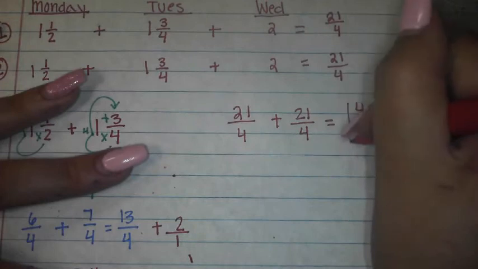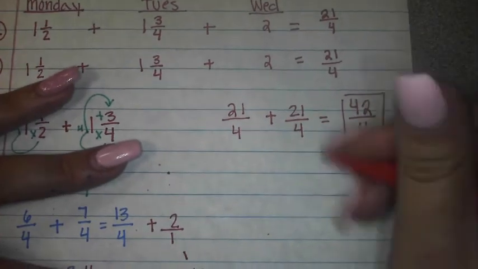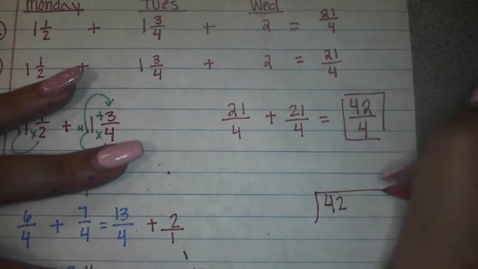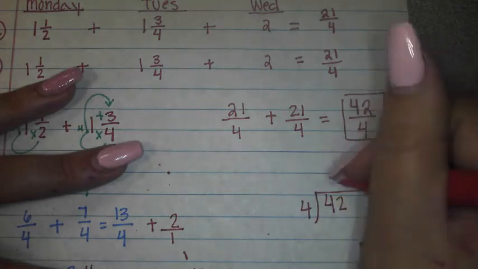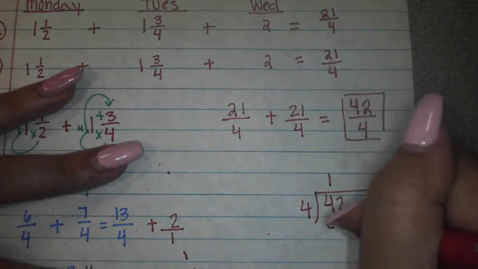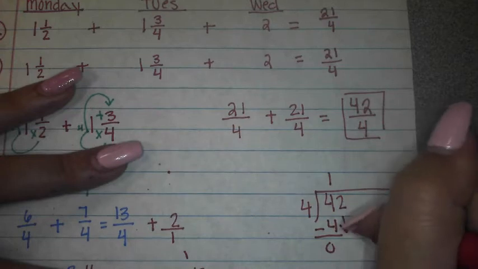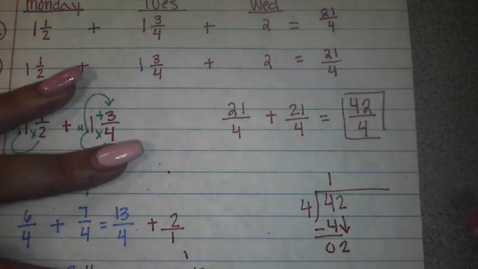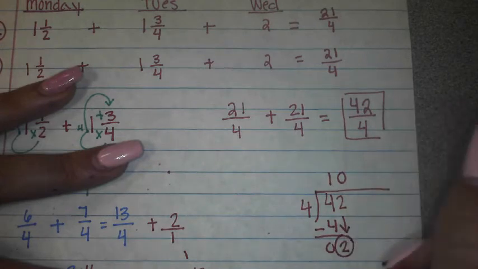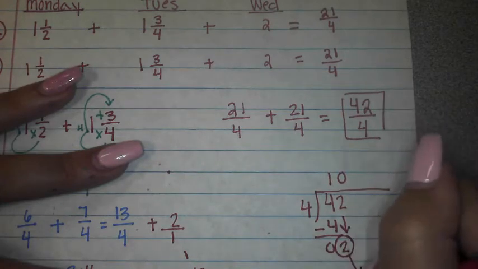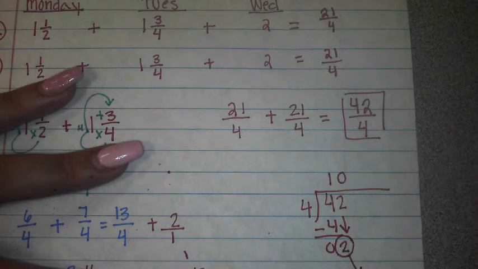Now, I don't like leaving this as an improper fraction, so that means I need to do 42 divided by 4. 4 can go into 4 one time. Bring down my 2. 4 cannot go into 2, so it's 0. So now this is my remainder. And I'm going to make my remainder my numerator.